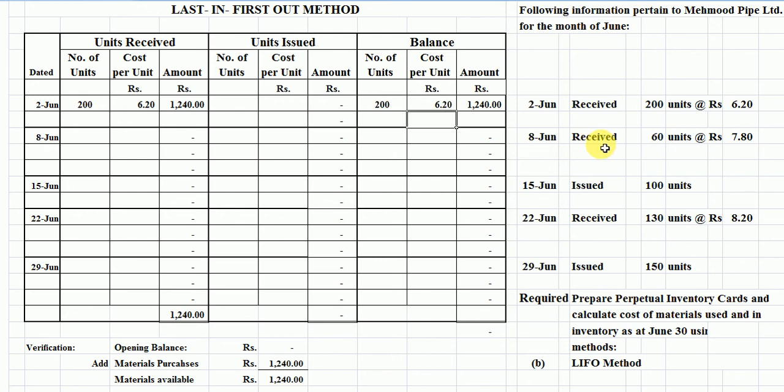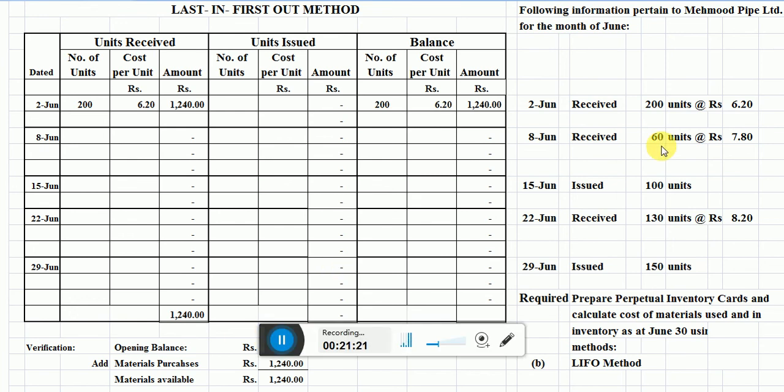Now on 8th June received 60 units at the rate of 7.80. We are recording this purchase also in the column of units received: 60 units and the rate is 7.80.